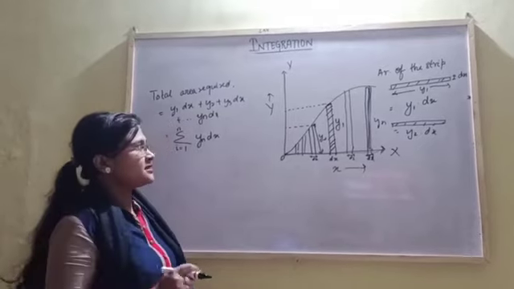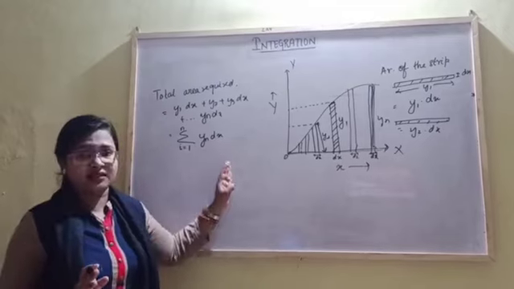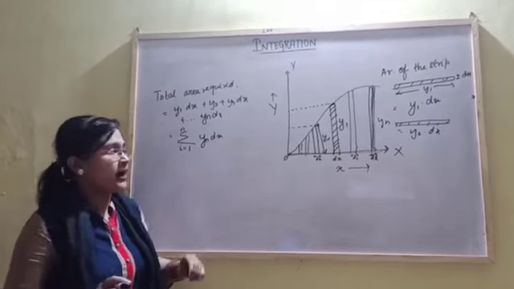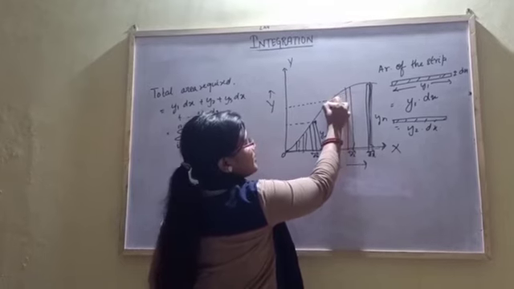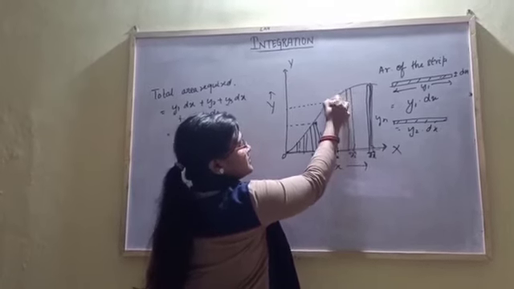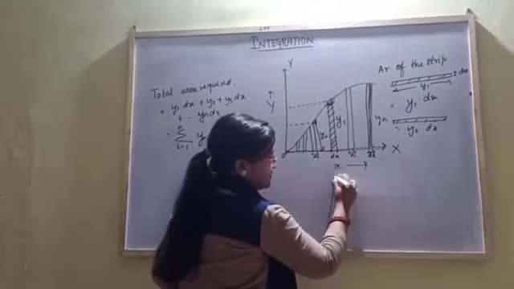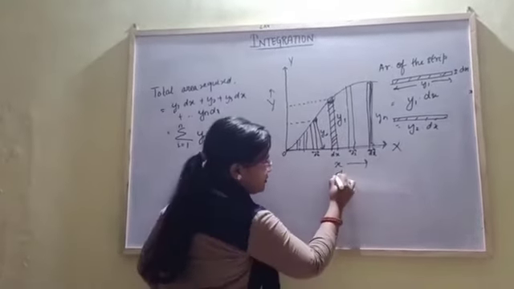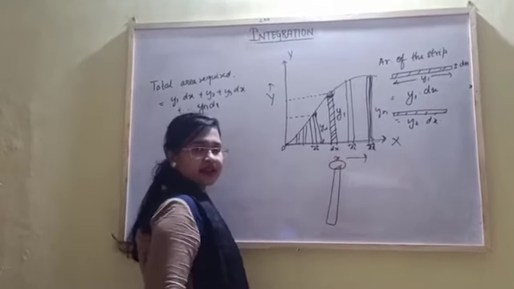But in this, it does not give the perfect area of this curve. Why? Because you can see in this curve we are left with this area. Similarly, this area, it is just like this. It's not a perfect rectangle. We are left with this area.